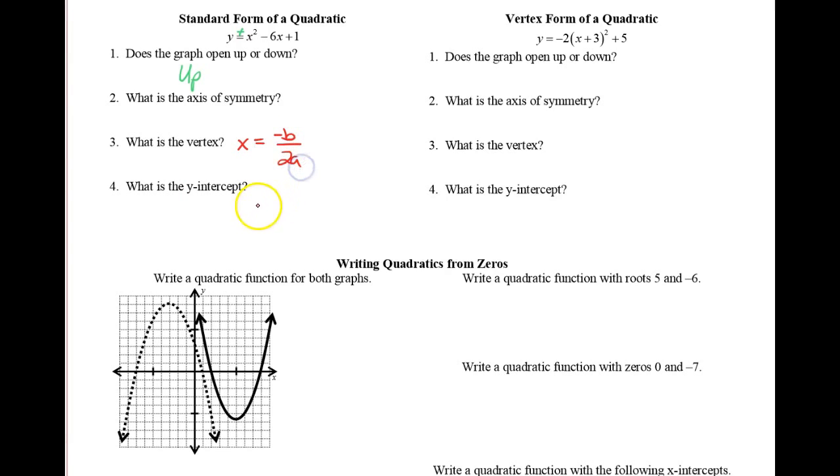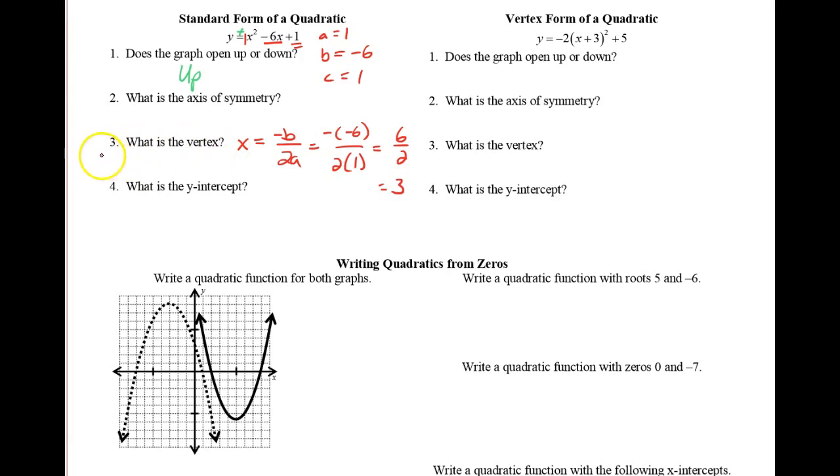Our a value, the number in front of the x squared, is 1. Our b value is -6, and our c value is 1. So it's -(-6) over 2 times 1, so 6 over 2, which gives us 3.